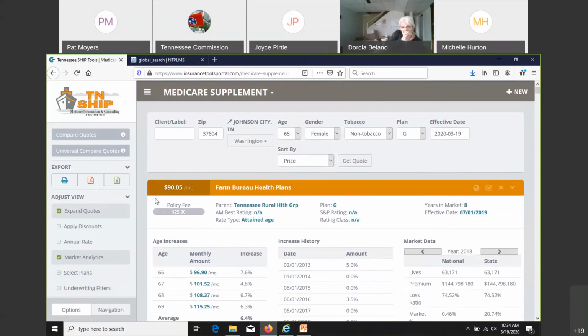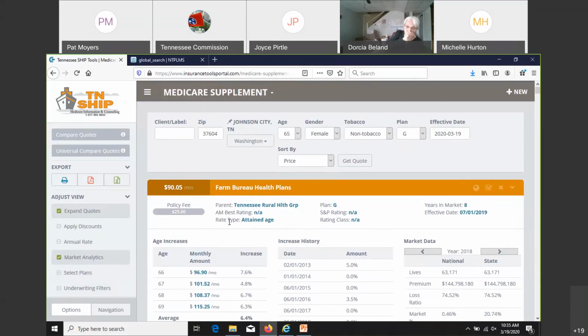Is there a policy fee for any one of these plans? What letter plan it is, which they will all be whatever letter you've selected when we were first putting all of that information in, and how many years in the market there is. Right here is one topic that is overlooked in a lot of cases, rate type.